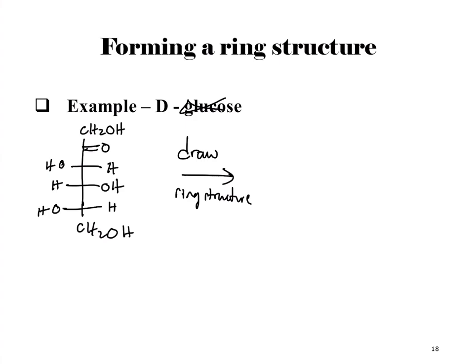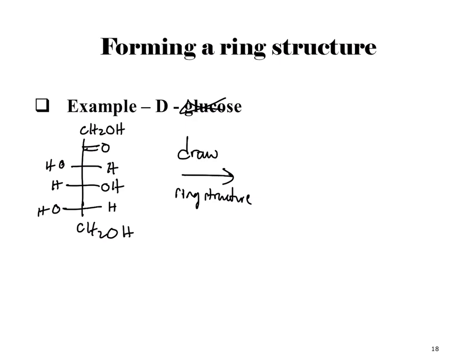So 1, 2, 3, 4 carbons are going to be in the ring, and then the O is also going to be in the ring. So it'll be a 5-member ring, right? Because one spot is always taken up by oxygen in the hemiacetal part of the ring. So then draw a 5-member ring and see if you can fill in all the spots.